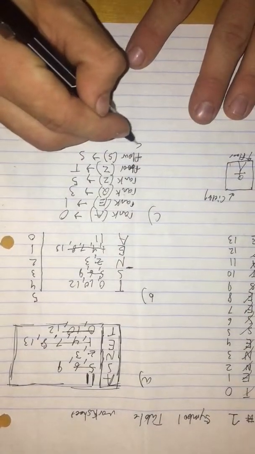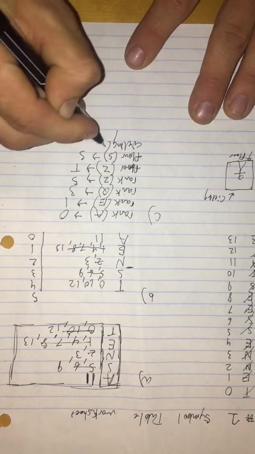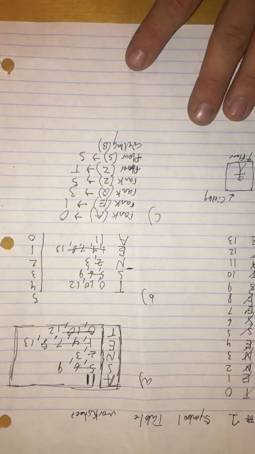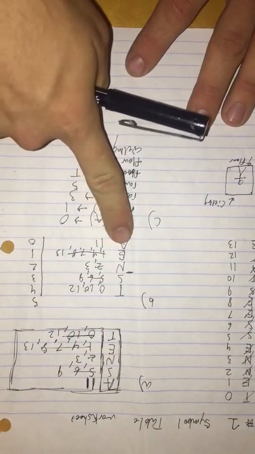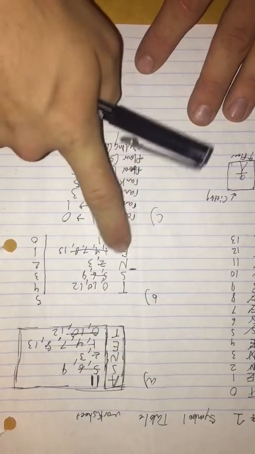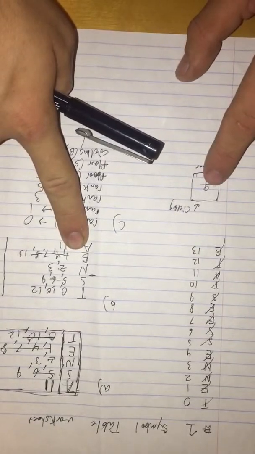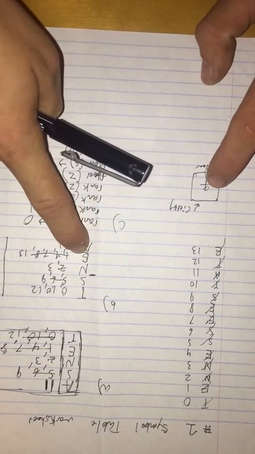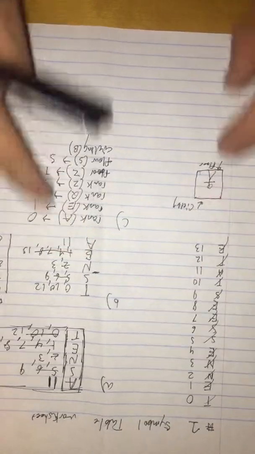All right, this one says ceiling B. Well, where's B? B is in between A and E. And we use this little diagram. We say, okay, if B is in between this, what is its ceiling? E is its ceiling.